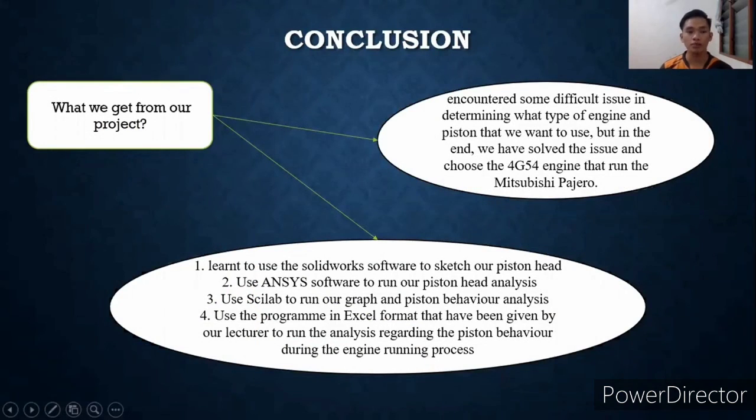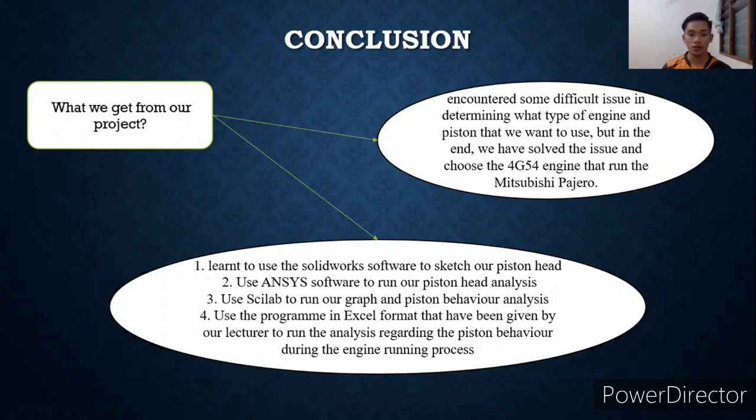So for the conclusion part, what we get from our project is, before we started our project, we encountered some difficult issues in determining what type of engine and piston we wanted to use. And in the end, we solved this issue and we chose the 4G54 engine that runs the Mitsubishi Pajero. What we learned throughout our project is we learned to use the SolidWorks software to sketch our piston head.